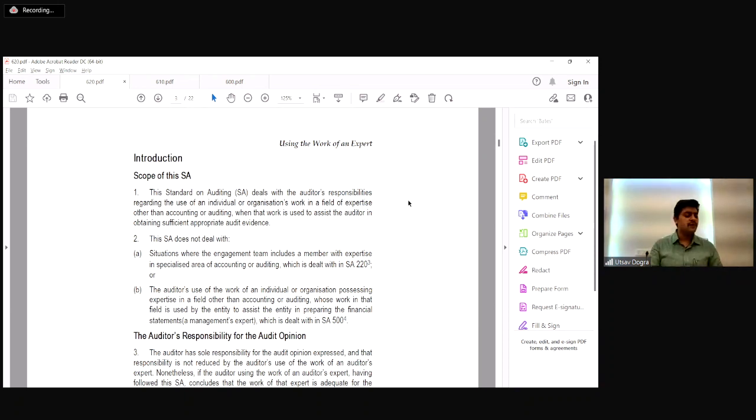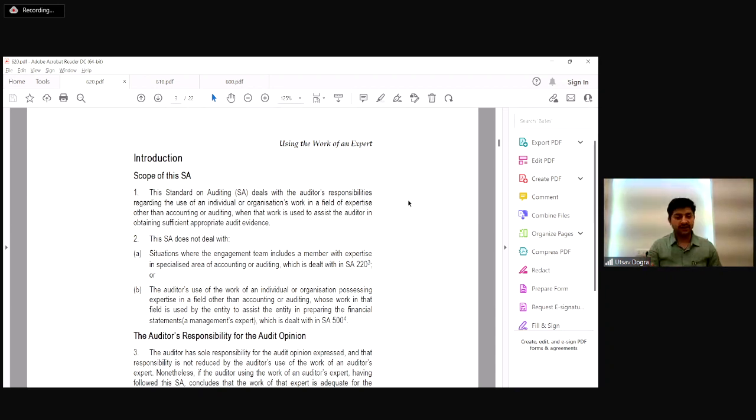So whenever the auditor is engaging any professional who has an area of expertise other than accounting and auditing, this standard on the work of an expert comes into the picture.